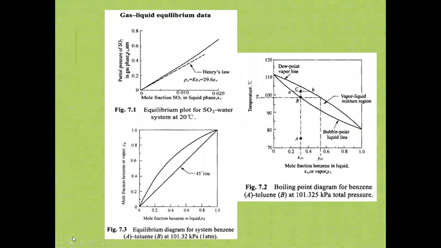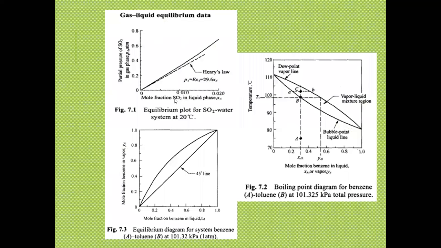Now, in terms of diagrams, your equilibrium relationship for a system could take the form of any of these diagrams depending on the system that is given or depending on what the problem provides. For example, I have taken this from Geankoplis, gas-liquid equilibrium data for a system that contains sulfur dioxide.